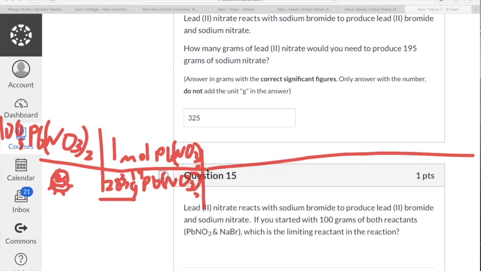Now I'm in moles. Remember, I go kitty corner, so I'll write in my moles of Pb(NO3)2. And you choose any reactant you want. I'm just going to go PbBr2 because it's a simpler thing to calculate here. Of course, I already have the one for NaNO3, but whatever. So I'll do moles of PbBr2.